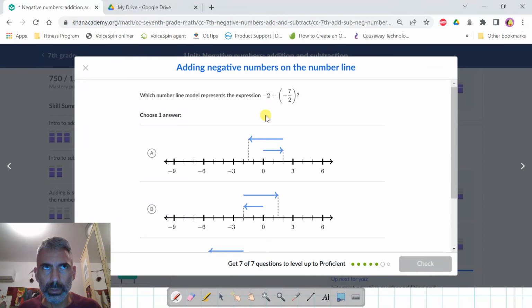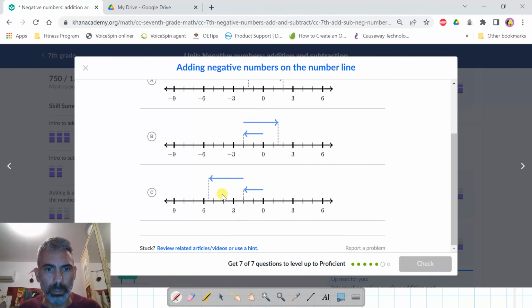So 2 plus 3.5 is minus 5.5. So in total we took 5.5 steps to the left. 2 plus 3.5. So C is the correct option.